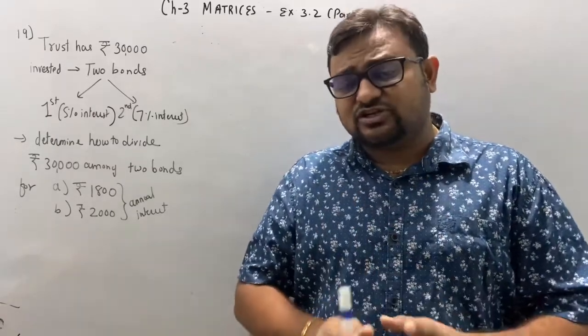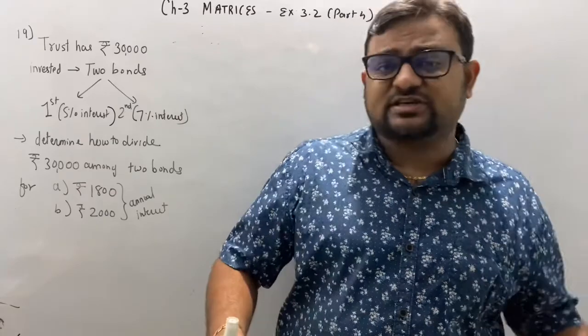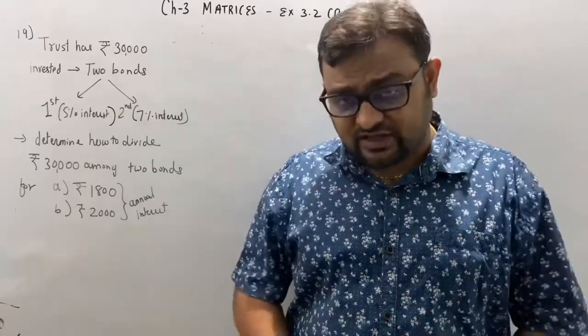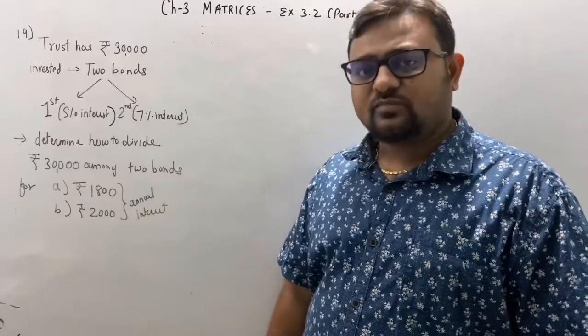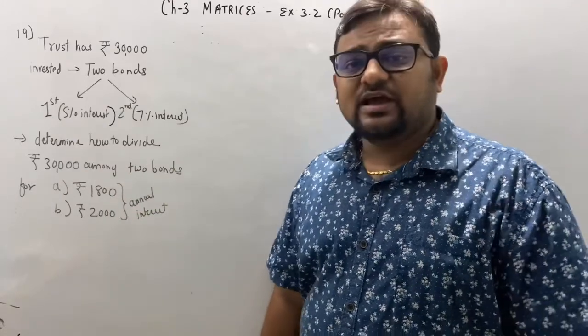Rupees 30,000 is to be divided into two bonds in such a way that the total interest is 1800. Not thousand, it's 1800.